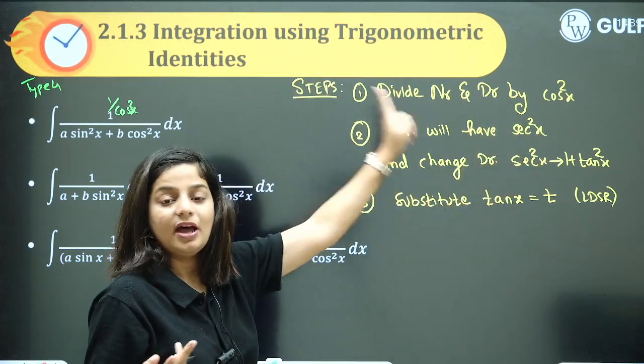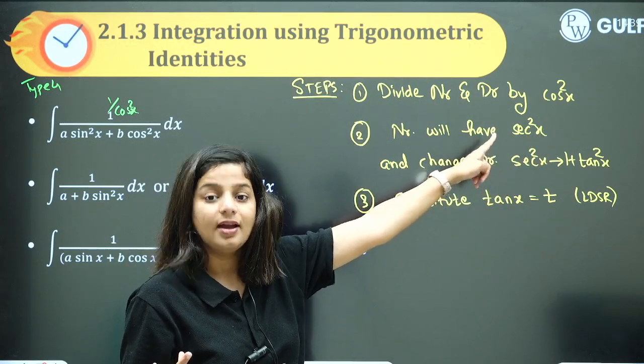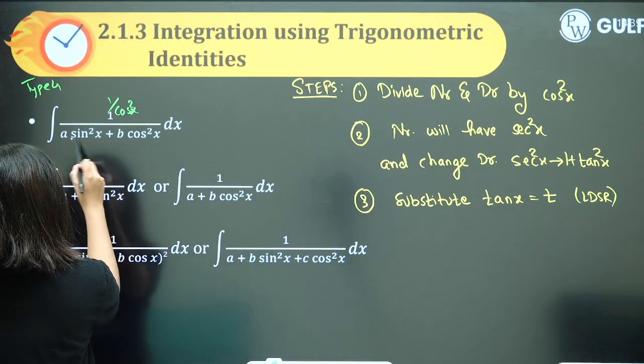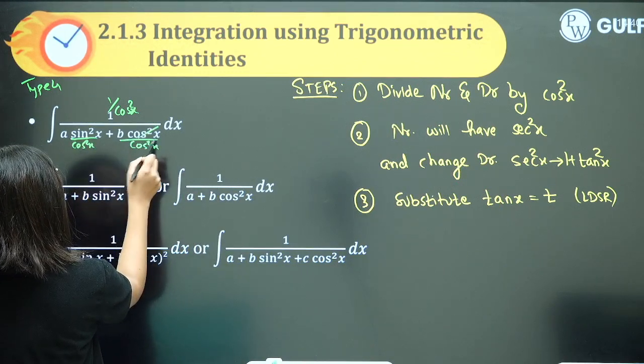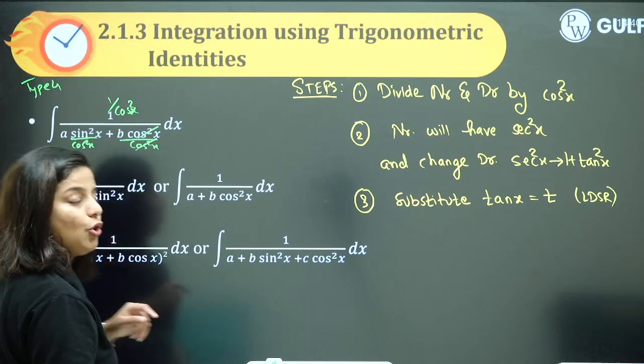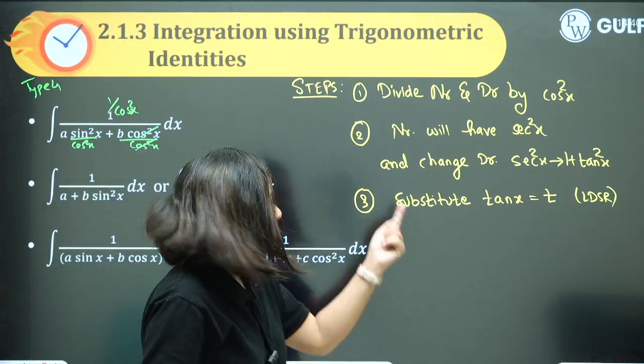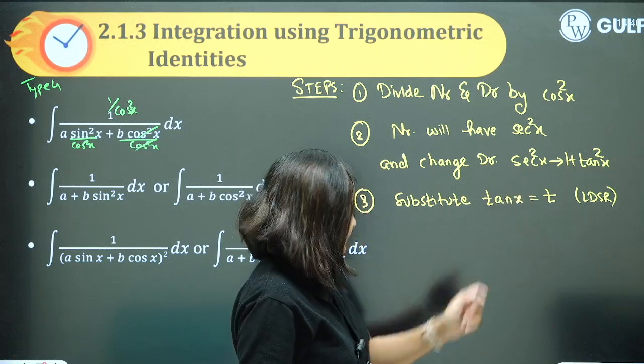So the numerator will now have sec square x. You're dividing the denominator also with cos square x, so this cos square will get cancelled. What about sin upon cos? Tan square x.